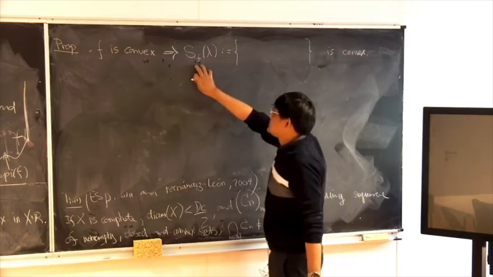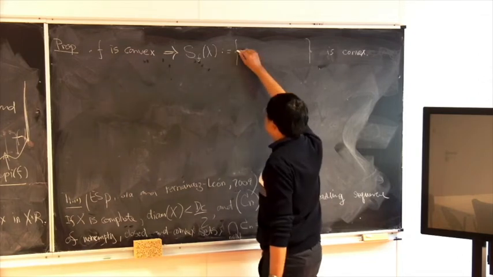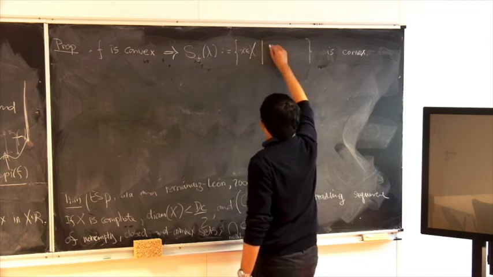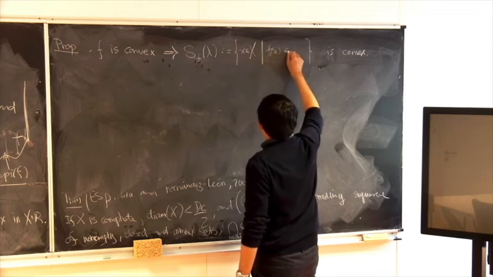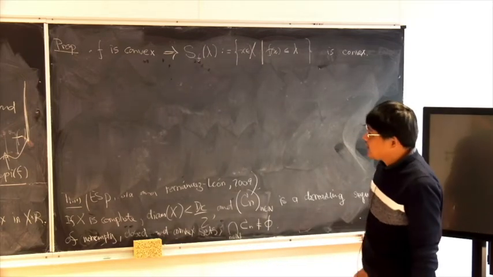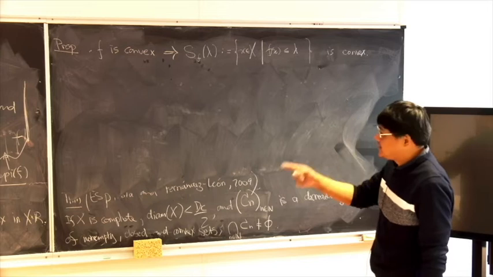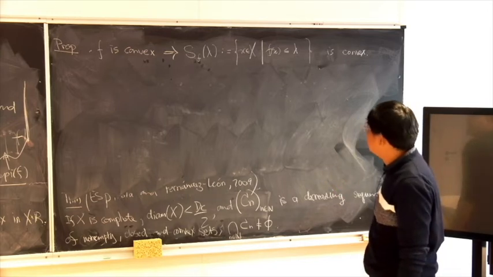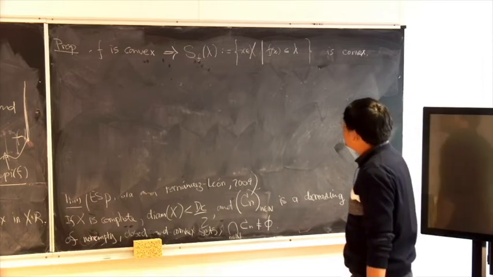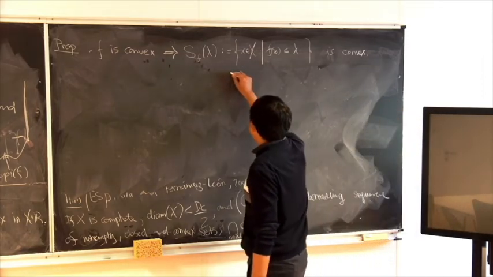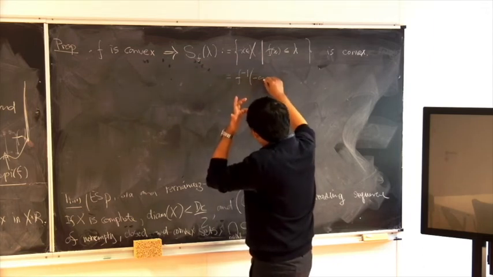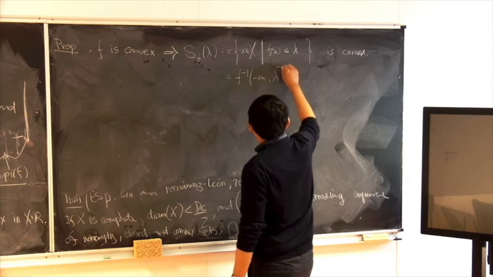Okay, so what is this sublevel set? It is the set of all x in capital X such that f of x is less than or equal to lambda. Okay, there are some similarities between epigraph and the sublevel set. So the sublevel set actually is just the inverse image of minus infinity to lambda.